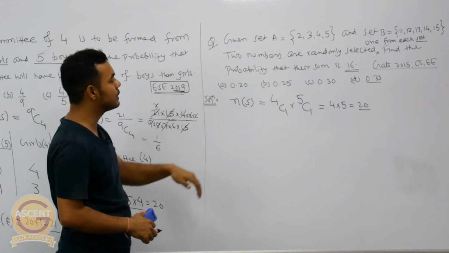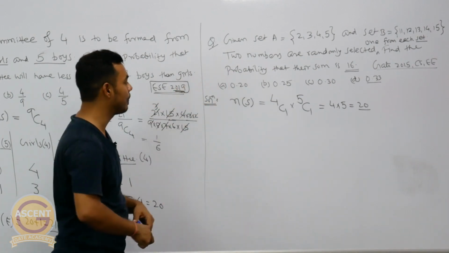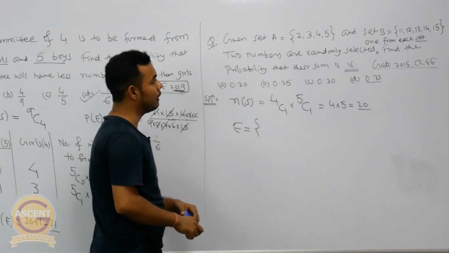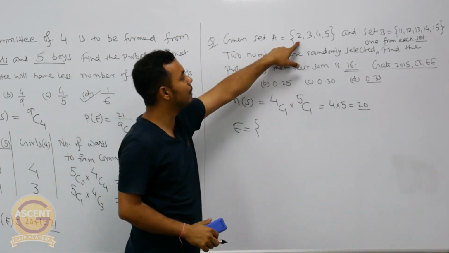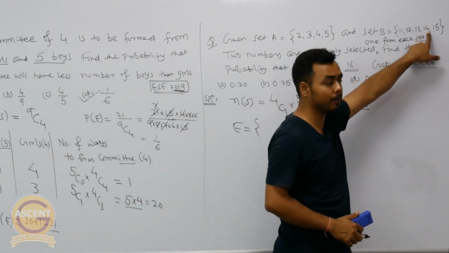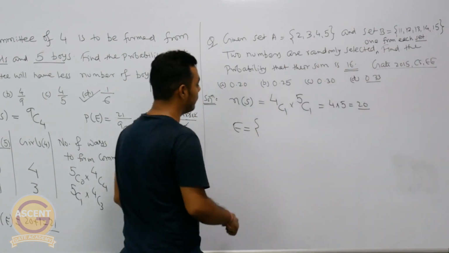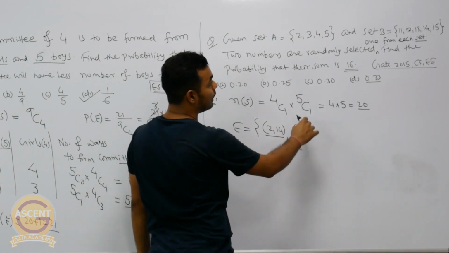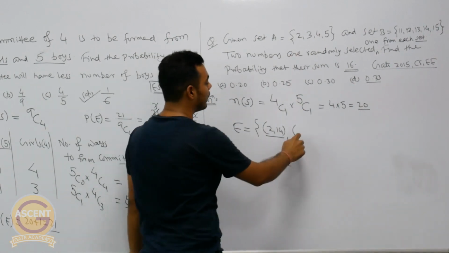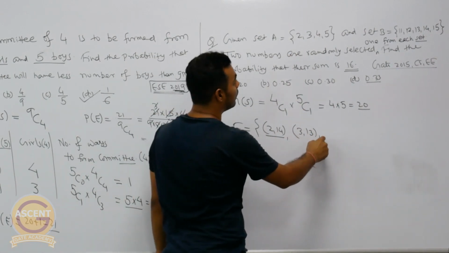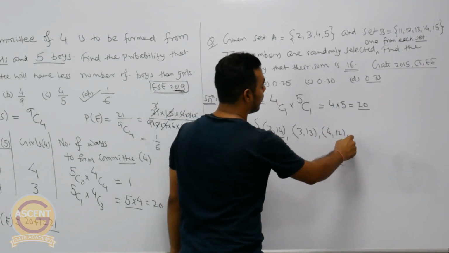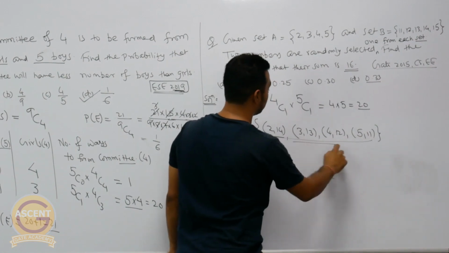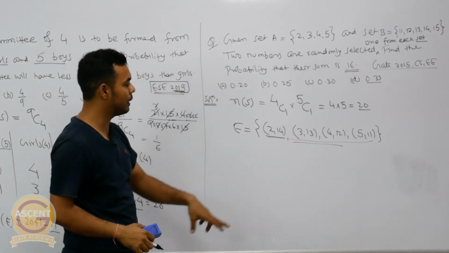Now the question is, what is the probability that their sum will be 16? So now we have to see what are the favorable cases. If I select 2 from set A and 14 from set B, then in that case the sum of these 2 numbers will be 16. So one favorable case is 2, 14. Similarly, the other favorable cases are 3, 13, then 4, 12, and finally 5, 11. For these 4 outcomes, the sum of 2 numbers will be 16.